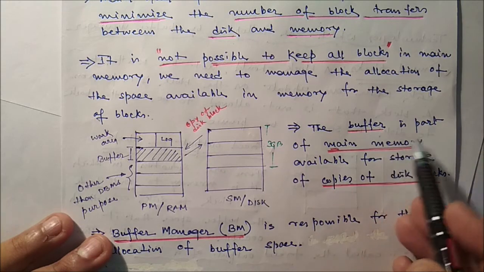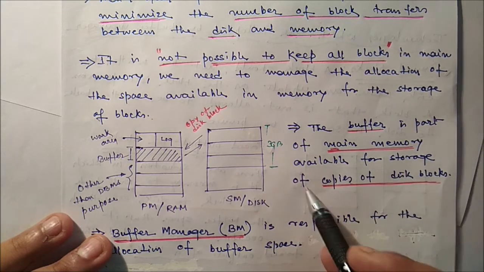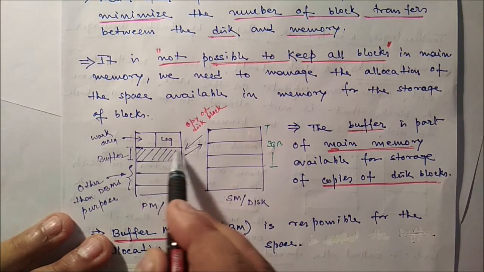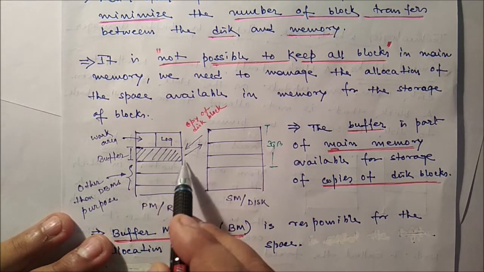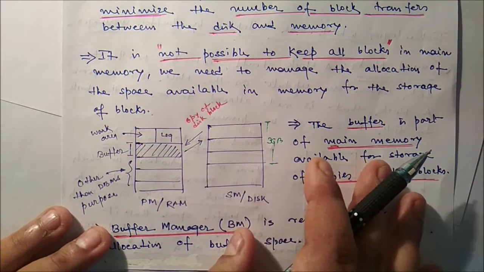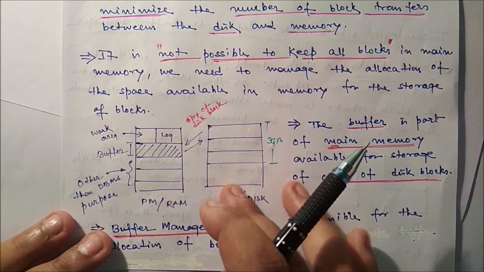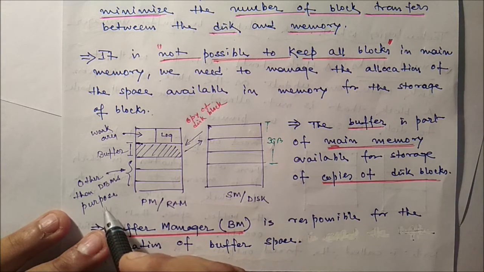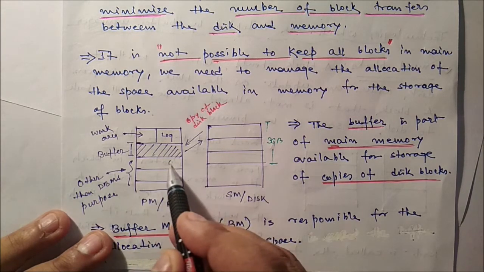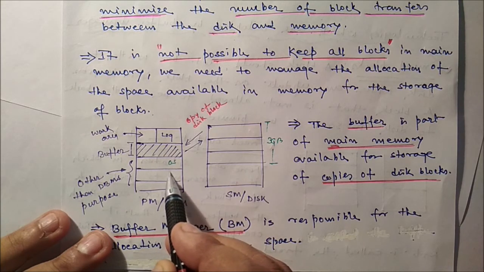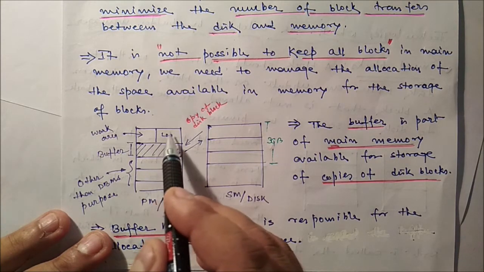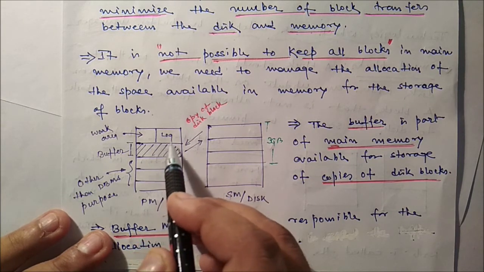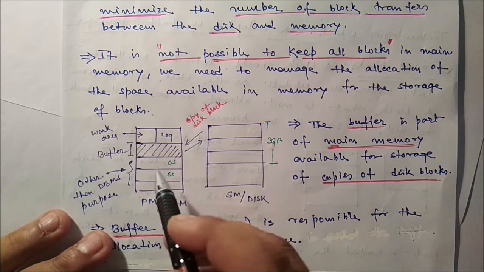Now the buffer is a part of the main memory available for storage of copies of the disk blocks. Suppose this is the portion of primary memory we can use for data transfer, for storing the data for the DBMS, because other portions of the RAM may be used for other purposes, maybe the operating system or some system software, or some portion for the log, where we store the activities of the database, or the work area of the transactions.